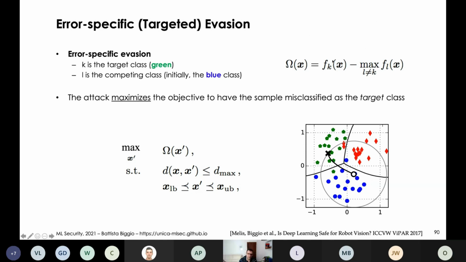So this is a function which has no specific constraint on the values. It's the logit outputs in this case. And you will see that there are attacks that use different functions, but more or less the underlying idea is always the same: you need to optimize this loss to implement either a targeted or an indiscriminate attack, subject to different constraints on the manipulations.